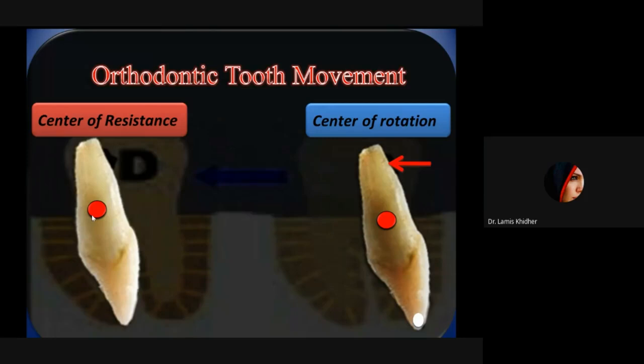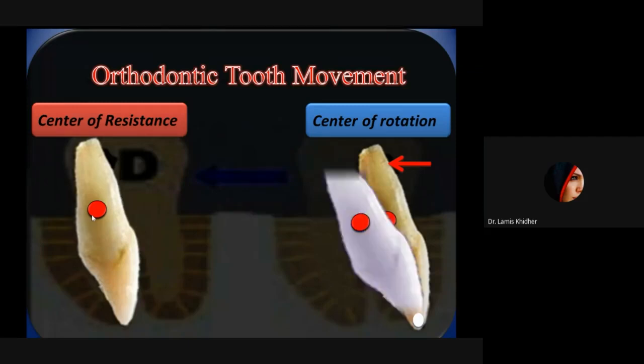This position of center of rotation will give me a type of tooth movement called root movement, whether it was a torque or uprighting movement, characterized by movement of the roots in the force direction, and the crown will be stationary fixed in its position.